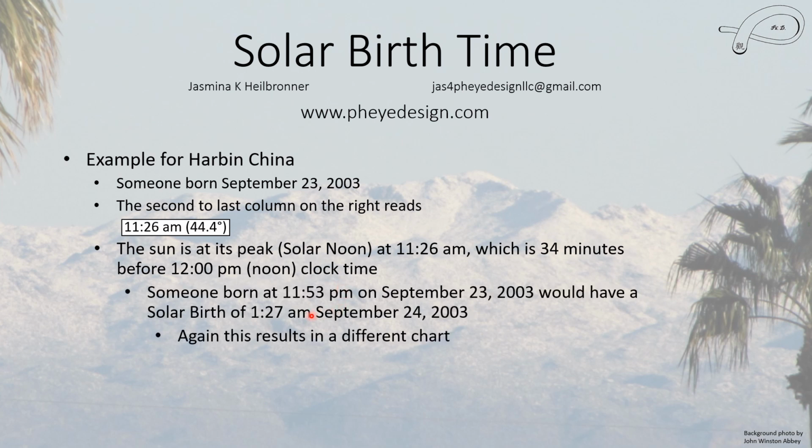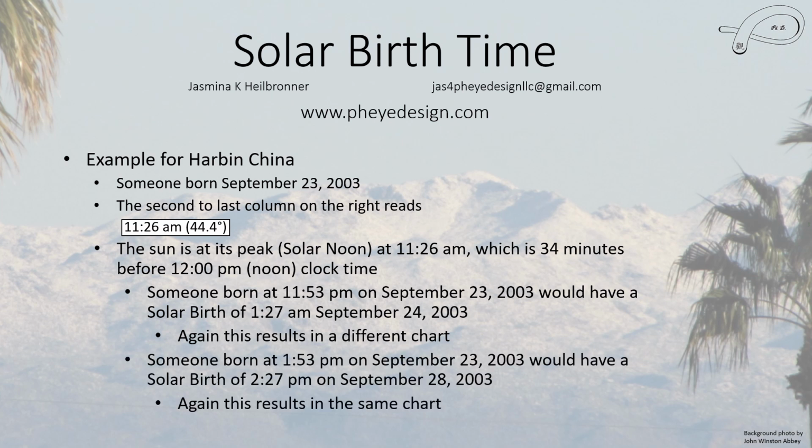So if you were born at 11:53 p.m. on September 23rd, that's close to midnight, your actual solar birth time is the next day at 1:27 a.m. So again, this would result in quite a different chart, different day master, a lot of things are different.